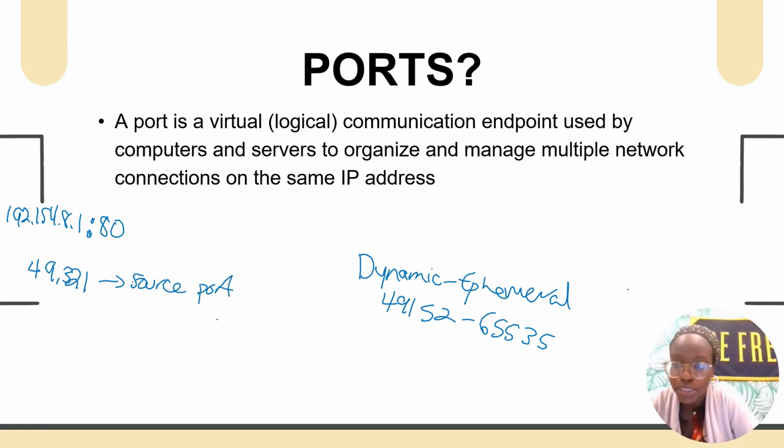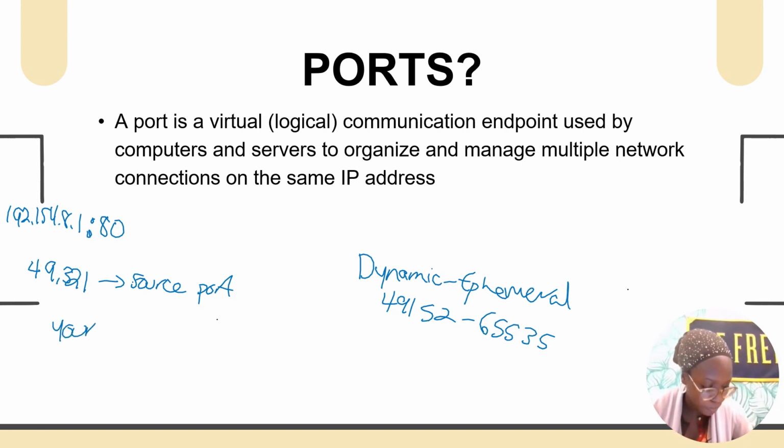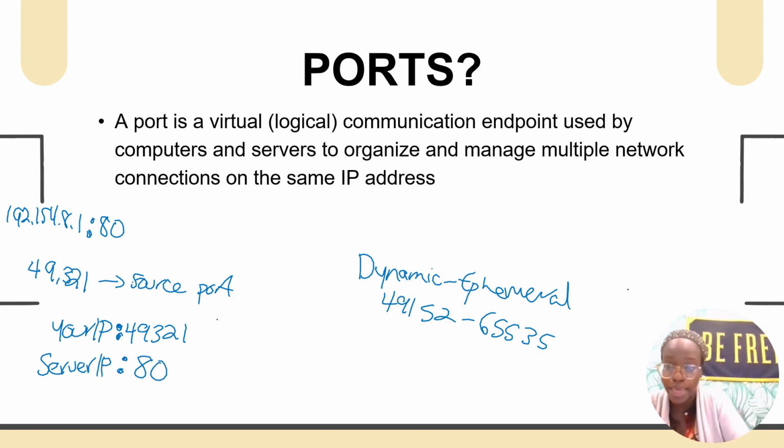Now, what's going to happen is it's going to form a connection like this. You have your IP address and then that port number that you use, your source port, and that's going to go over to the server's IP and their port, which in this case is 80.